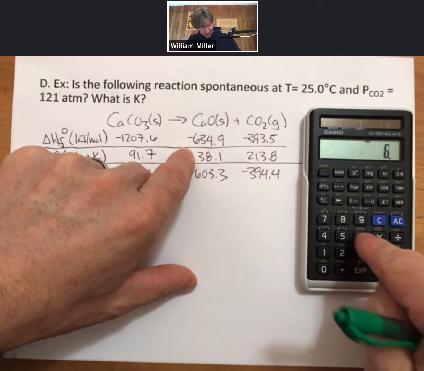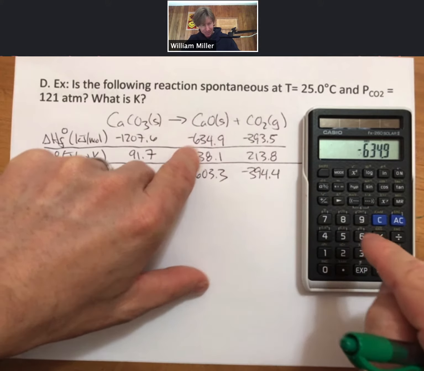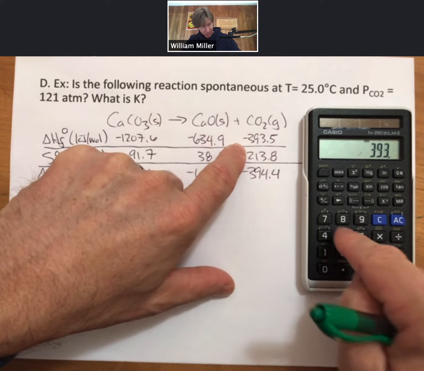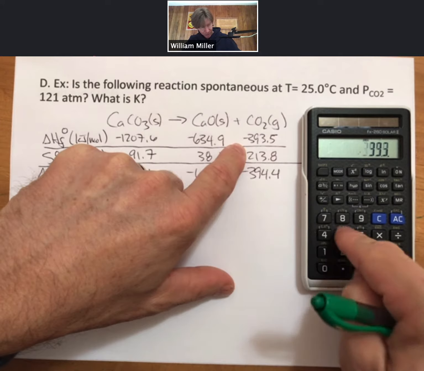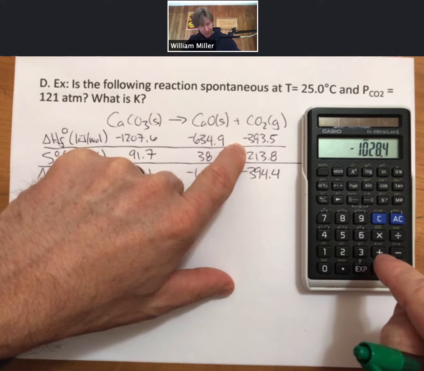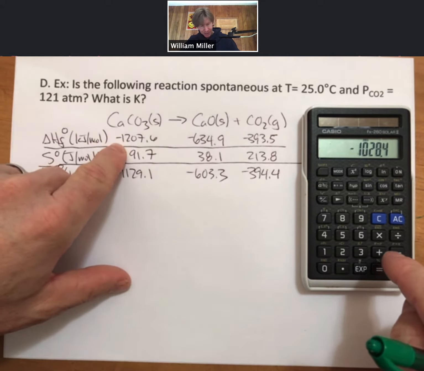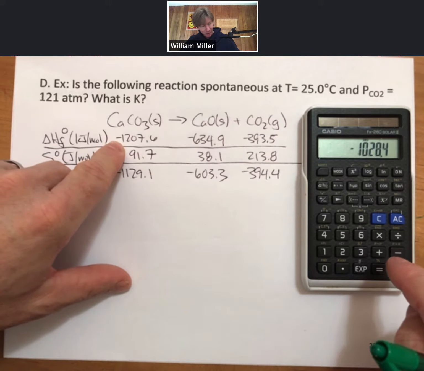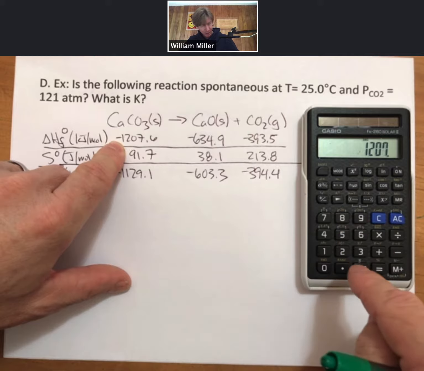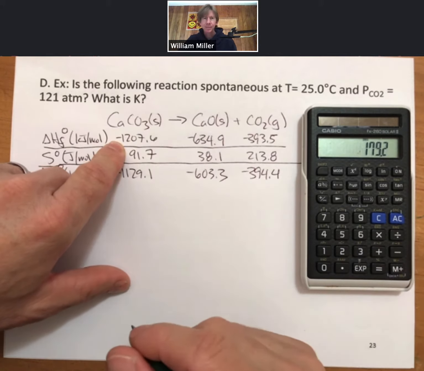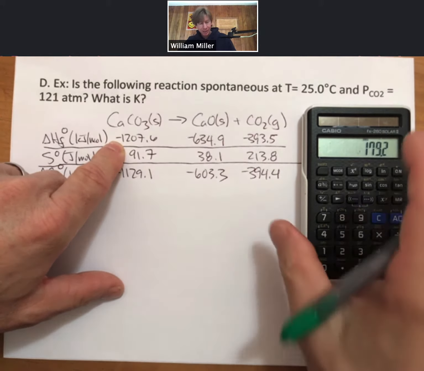Minus 634.9 minus 393.5, minus 1028 minus the reactants, which are negative, so plus 1207.6, positive 179.2.